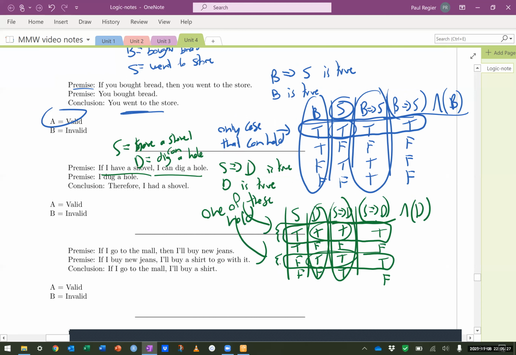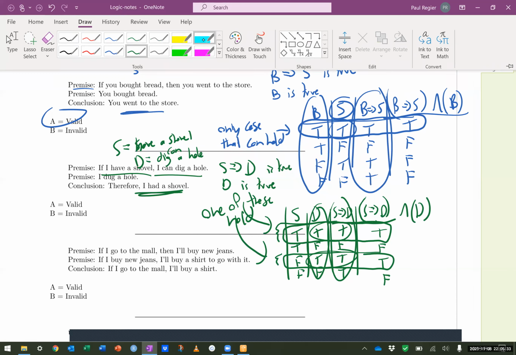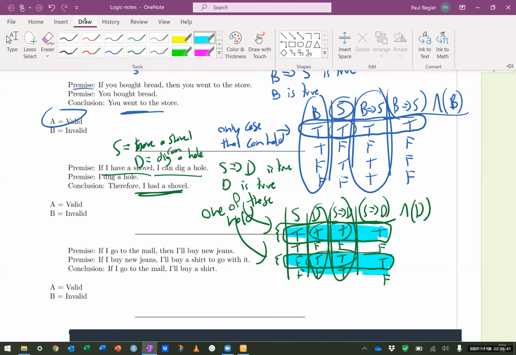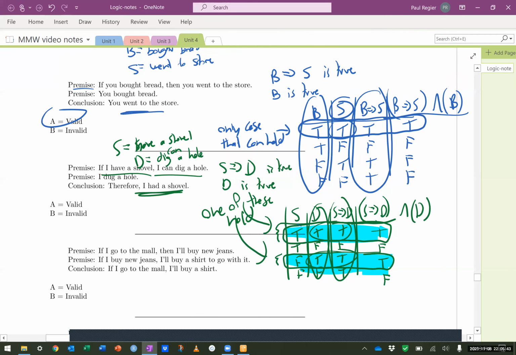Okay. So conclusion, I had a shovel. Is that always true? Use some highlighting here. Either this is true or this is true. Is it the case that in both those you had a shovel? And so actually, though you had a shovel in one of the cases, you did not have a shovel.